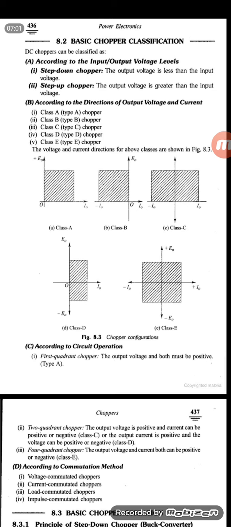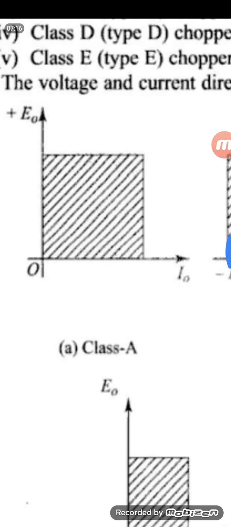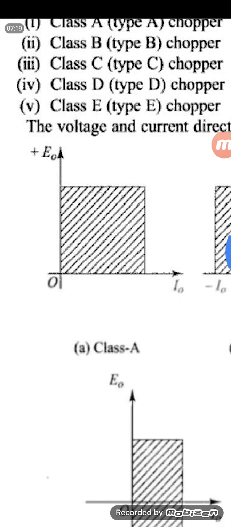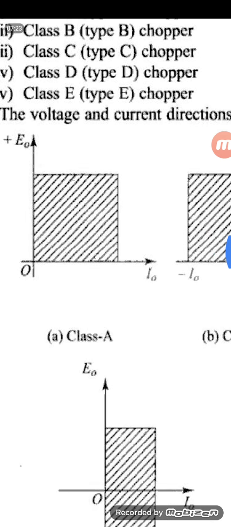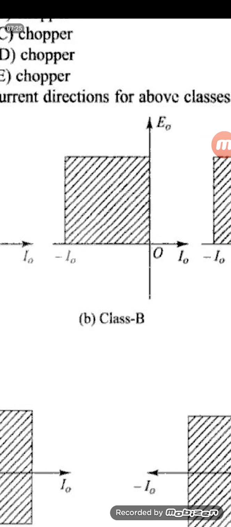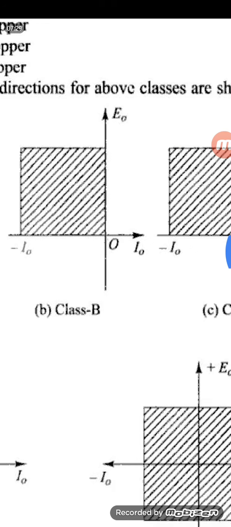The second one is according to the direction of output voltage and current. Here we can classify up to five types: class A, class B, class C, class D, class E, based on the current and voltage directions. In a class A chopper, both output voltage and output current are positive. In class B, output voltage is positive, but the output current is negative.